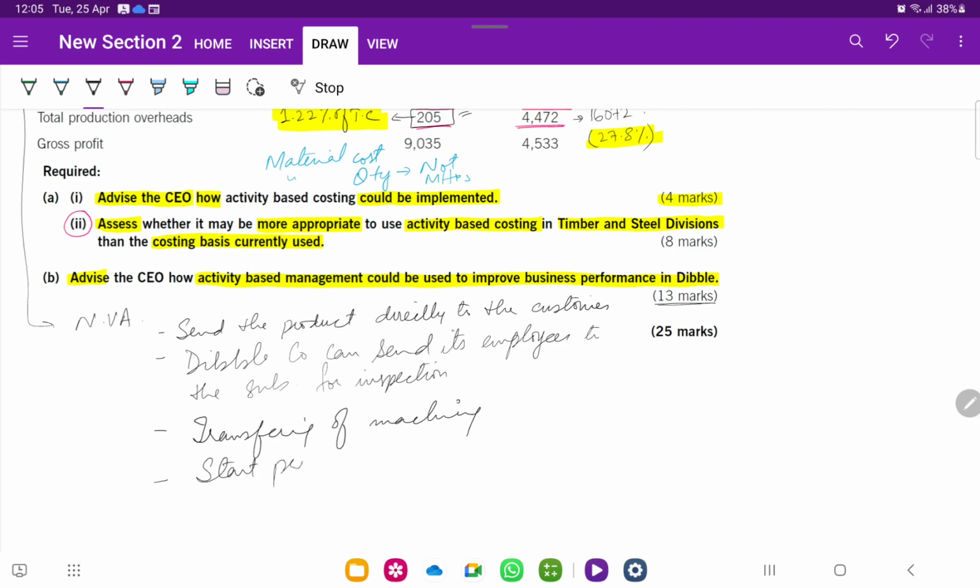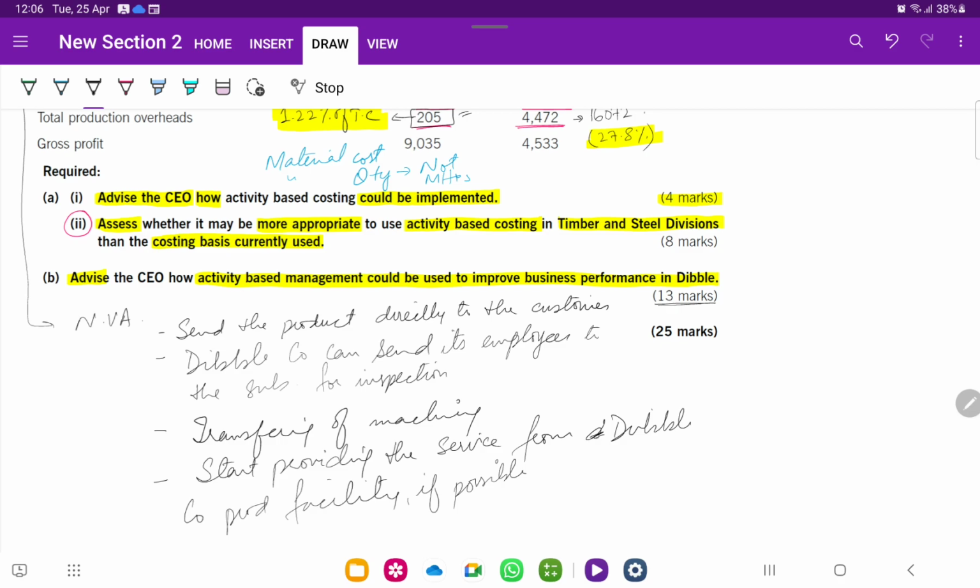So what we can do is start providing the service from Dibble company's outlet, Dibble company's production facility, if possible.